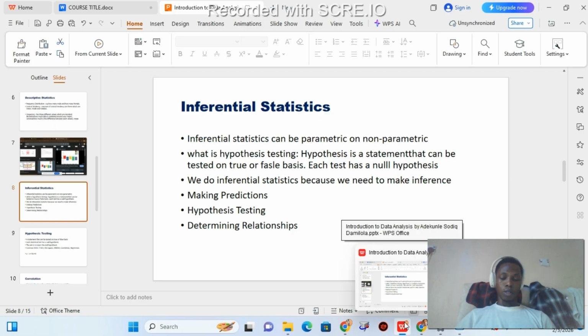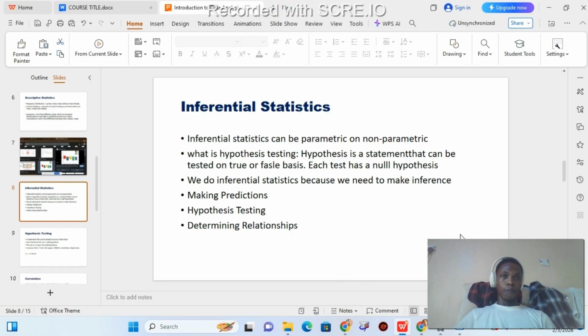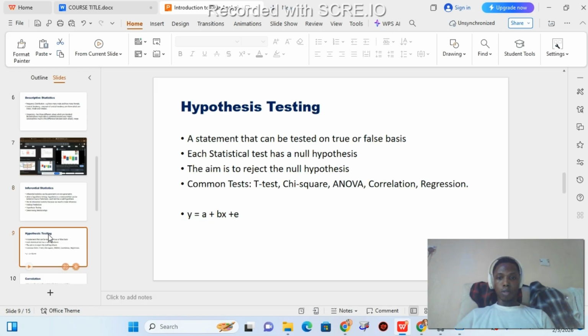We have the regression. We have chi-square. We have the t-test. We have a whole lot of them, but the most common one is regression, of course. Then correlation, regression and correlation. T-test and chi-square are probably common too.